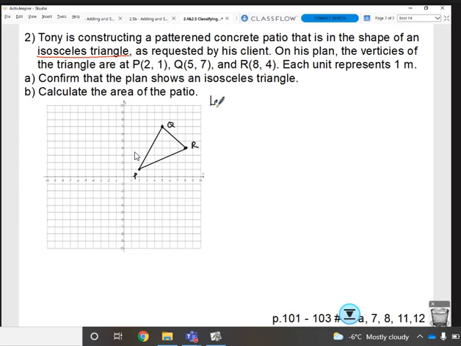Length of PQ, length of QR, and at some point, length of RP. So maybe let's first see what this is going to be.